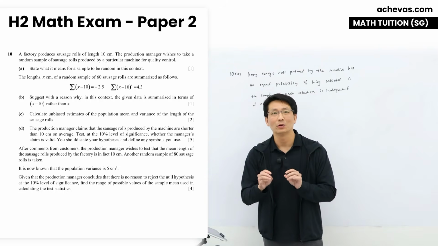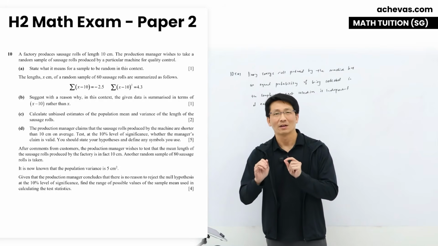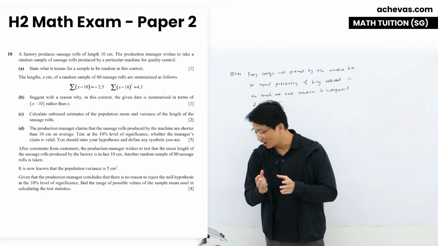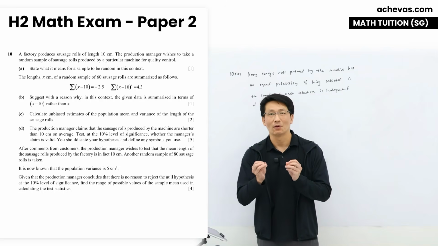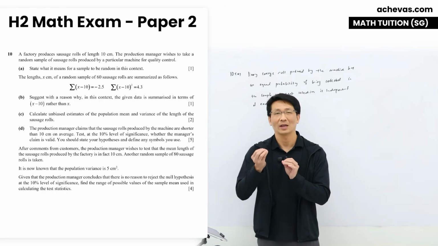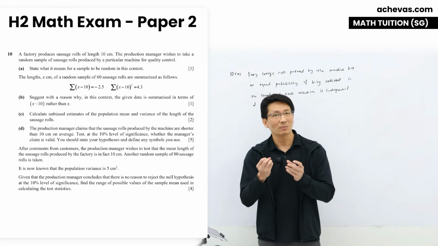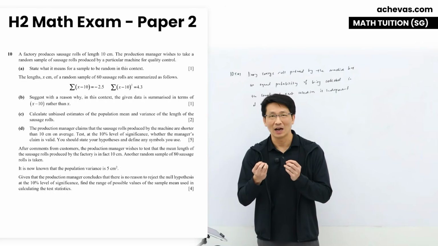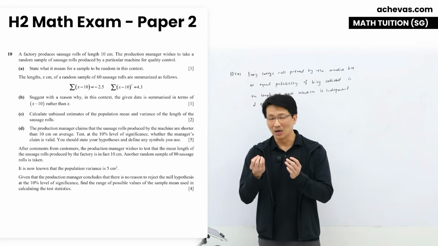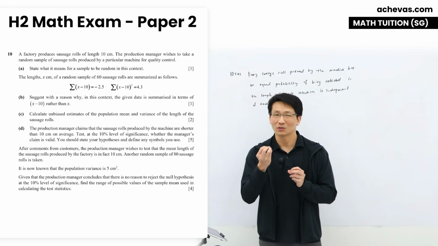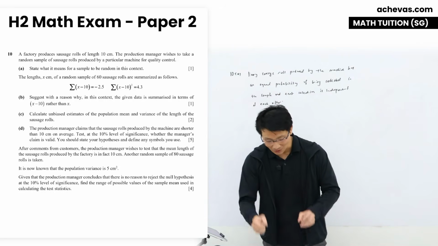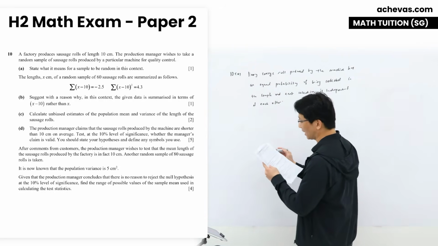But as a whole, we will know that the fluctuation won't be so big. It's just around 10. So that is why it makes a bit more sense to examine the deviation from 10 instead of looking at absolute value. Because by doing so, we can actually minimize our calculation because we will be managing a smaller value, which is always much better. All right, so we can say something around this line.